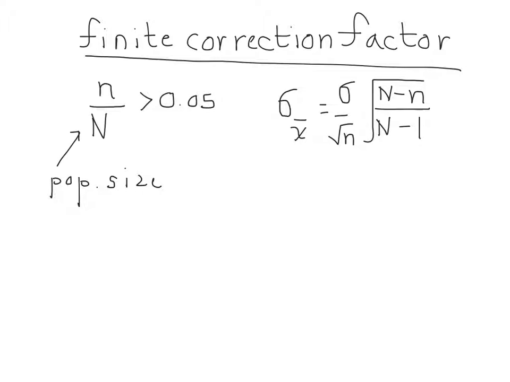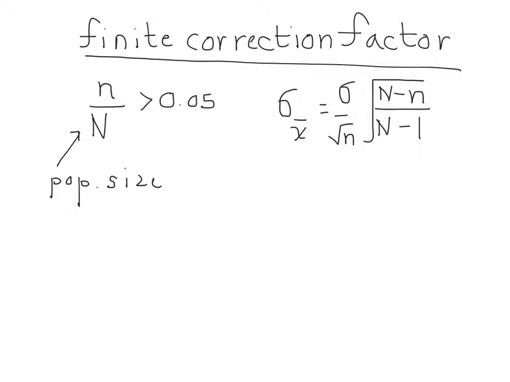Now there's a lot of understanding that goes behind why this formula is used as a finite correction factor, but it's such a minimal part of what we are doing here in this introductory statistics course that I'm not going to get into that, okay?